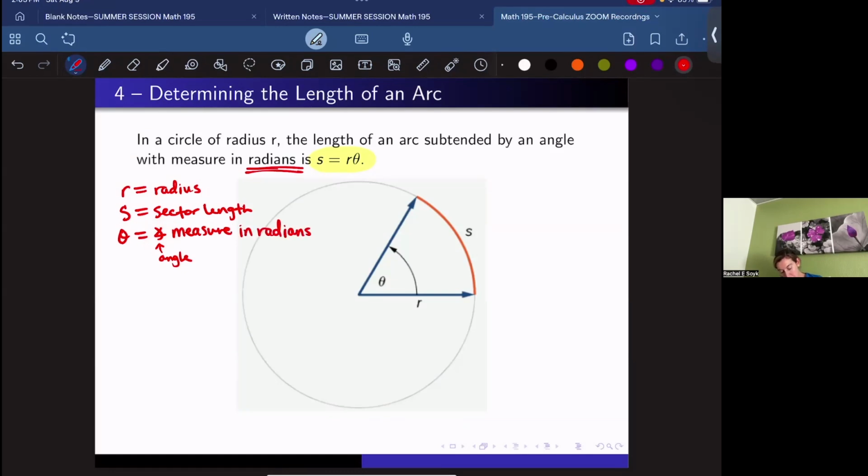Now, they represent the formula as S is equal to R theta. I always like to represent it as theta is equal to S over R. And that's just because I have a short little way to remember this. I don't know if it would help you out, but my first name is Rachel. My last name is Soik. And my last name will always take dominance over my first.